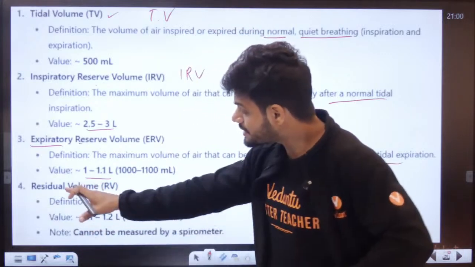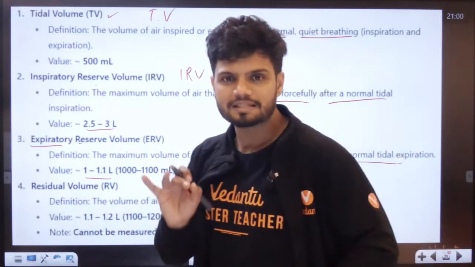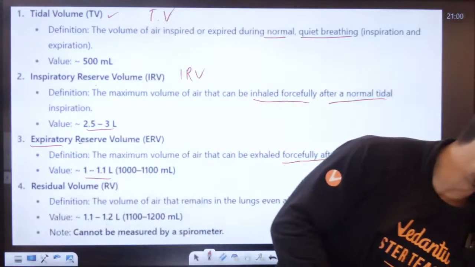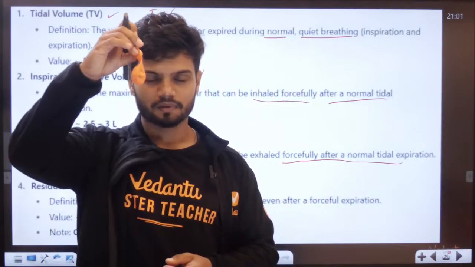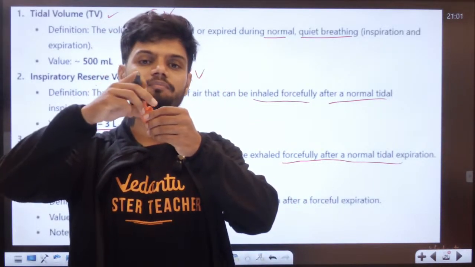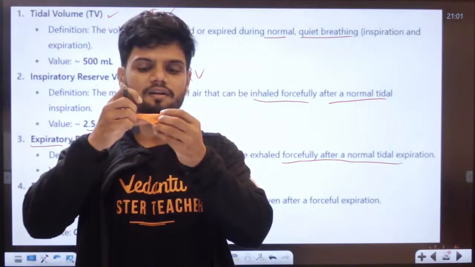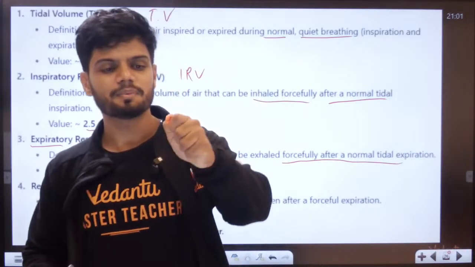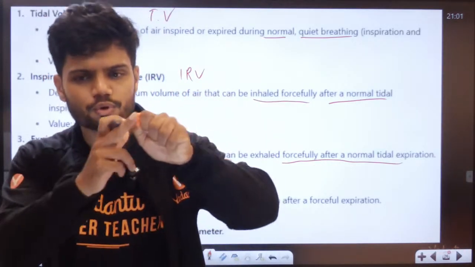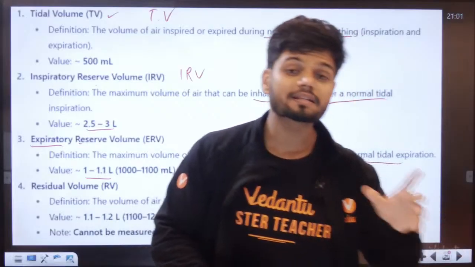Now, what is residual volume, students? Residual volume is very simple. Let's take this example. This is our lung. Even if I remove all the air outside, there will be some amount of air inside. Some air will remain, right? That is called residual.